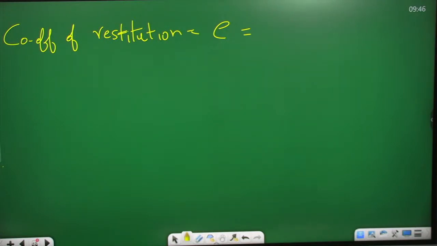Okay, we have Durga. She's saying velocity of separation by velocity of approach. Okay. Try to tell their values for elastic and inelastic collisions.